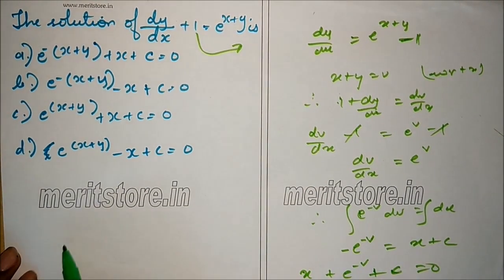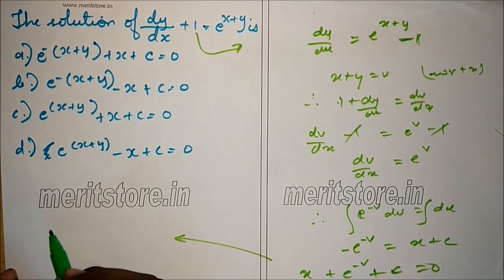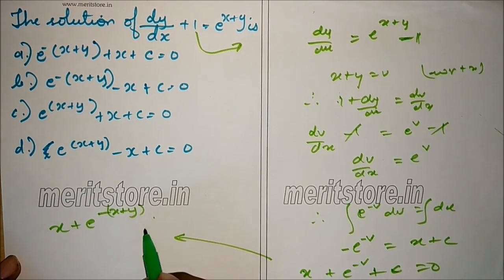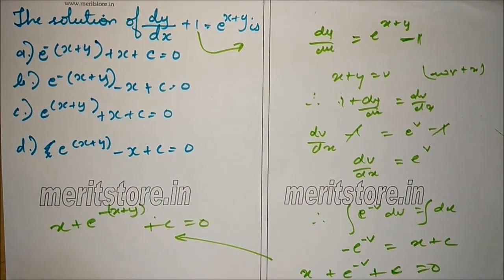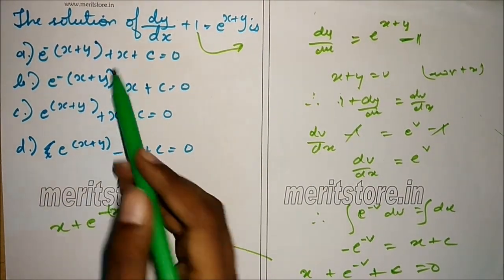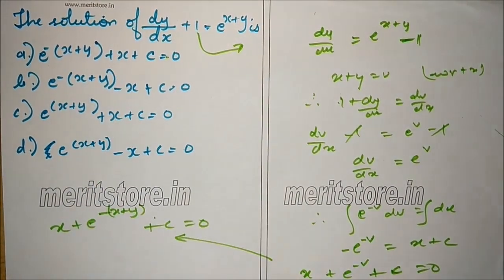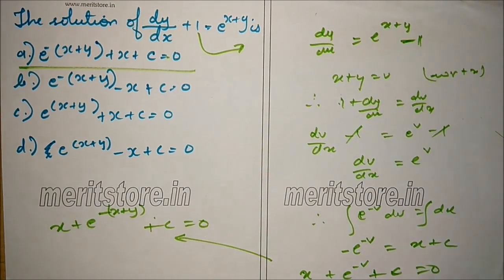But v is x plus y. So final answer will be x plus e raised to minus (x plus y) plus c equals 0. That is option A, where it is x plus c plus e raised to minus of bracket x plus y. So the answer is A.